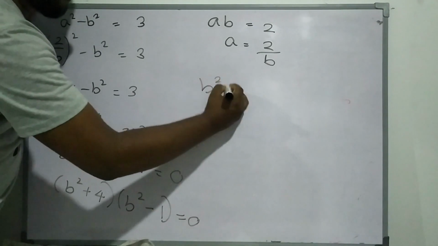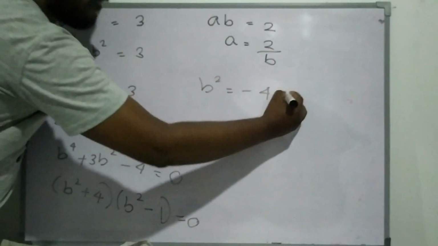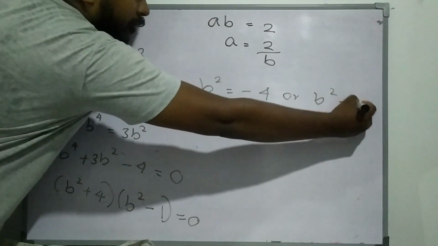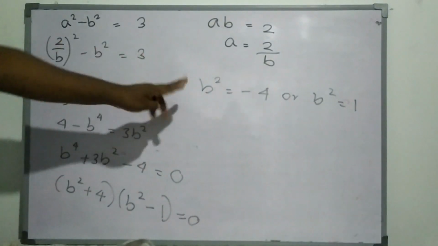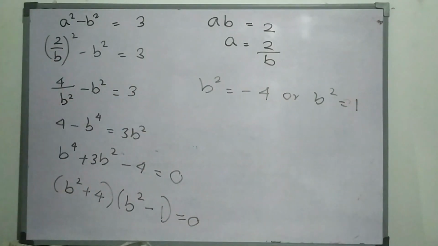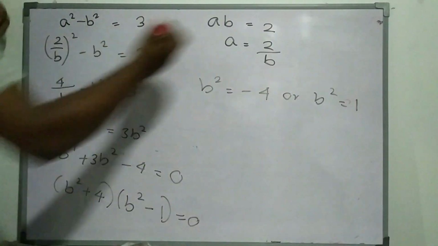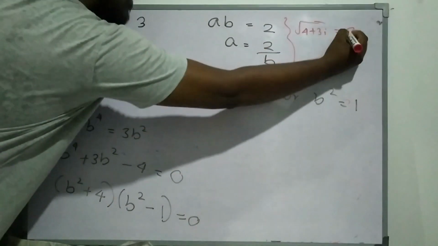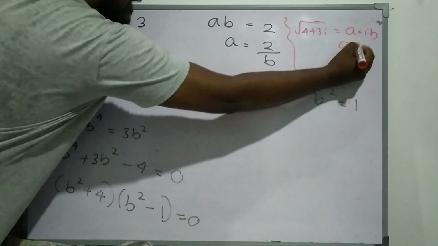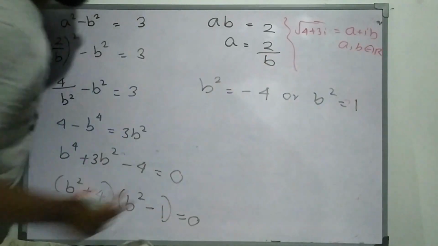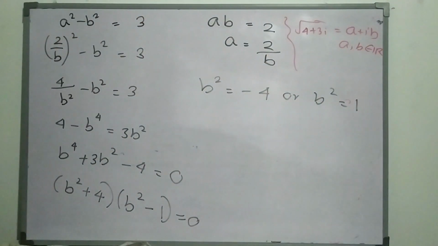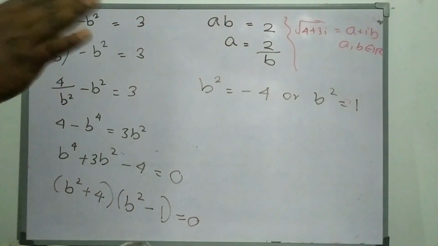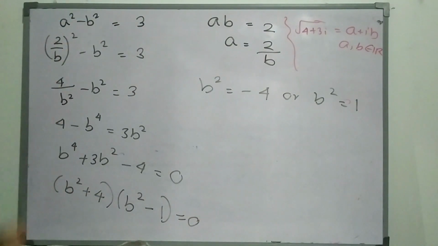So b squared equals minus 4 and b squared equals plus 1. You know, what is b? Here a and b are actually real. I is the imaginary part, but a and b are real, right?